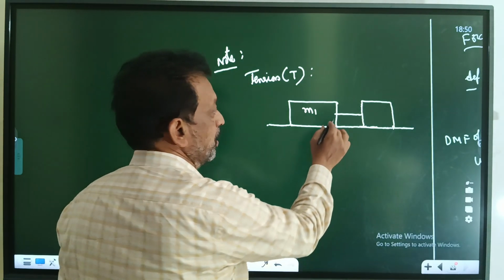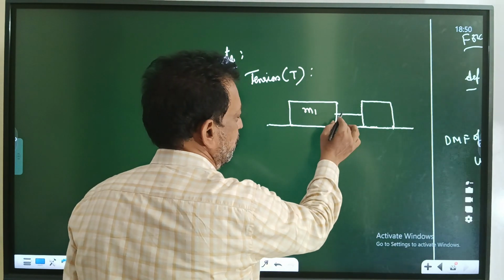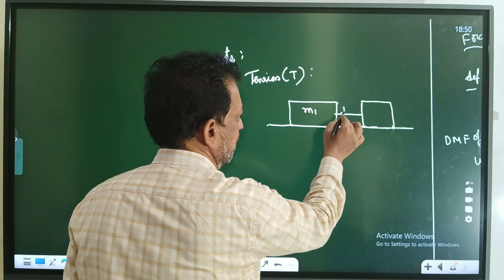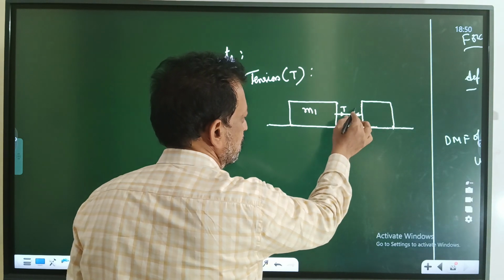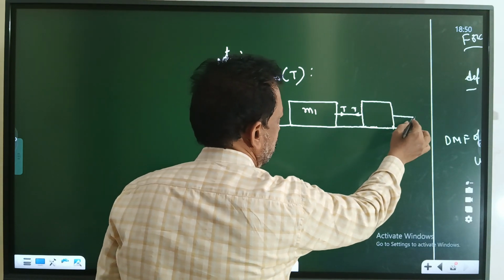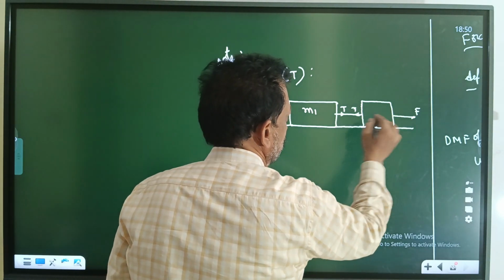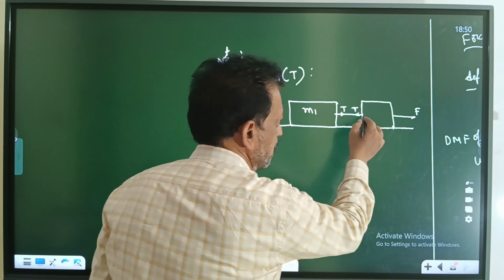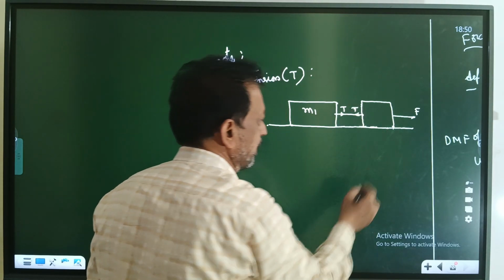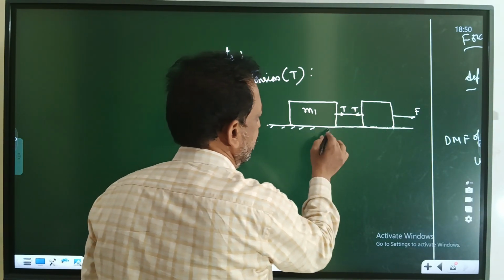The tension is always away from the point of contact. We call it tensional force.